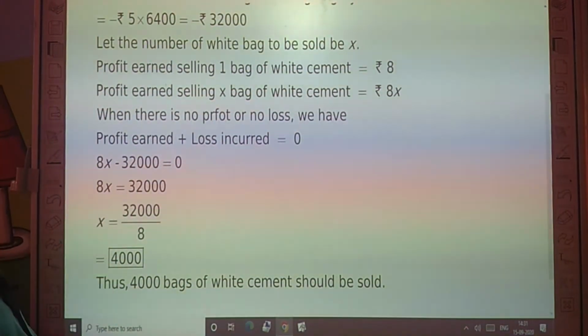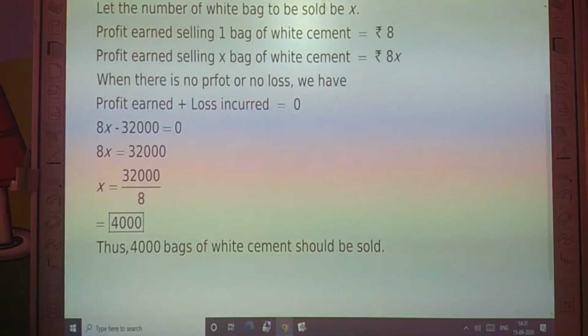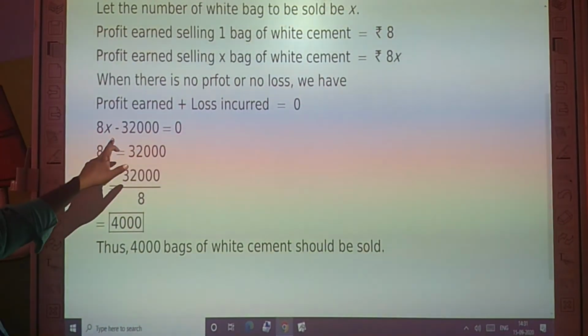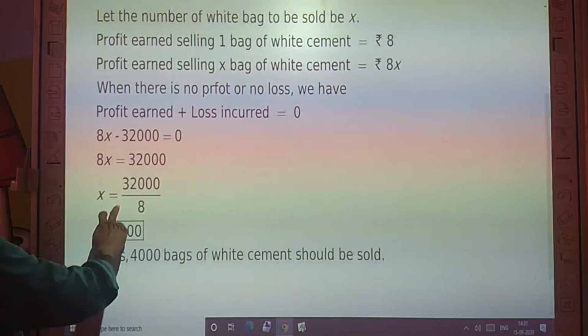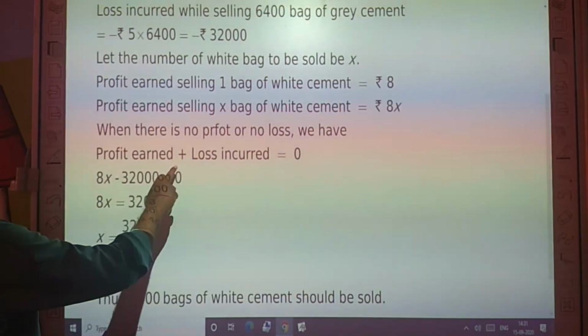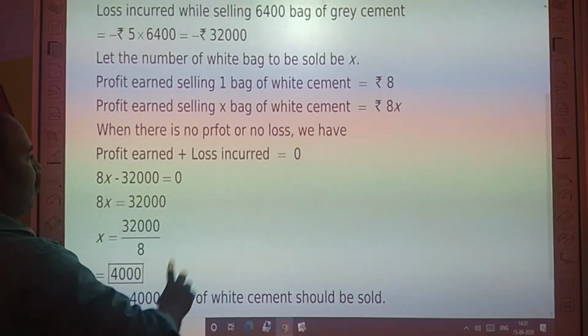The question point is profit is equal to loss, so profit plus loss is equal to 0.